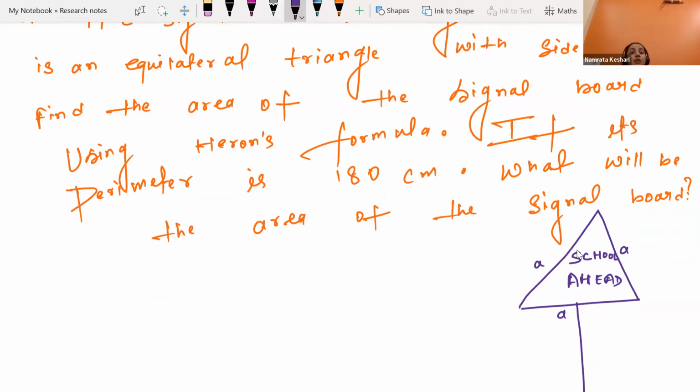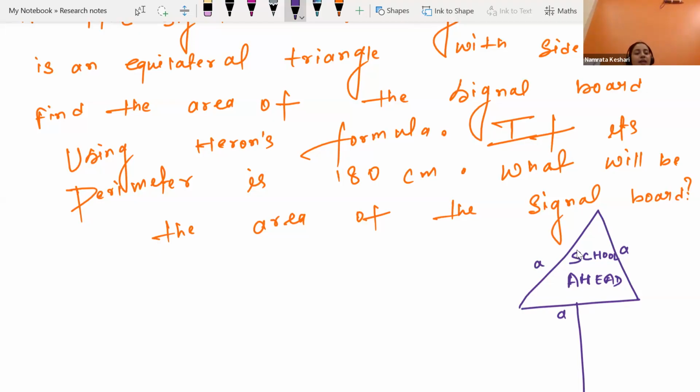Why does it say Heron's formula? Because we can also use the formula one by two into base into height. Here finding the height is possible. It is difficult, but it is possible.